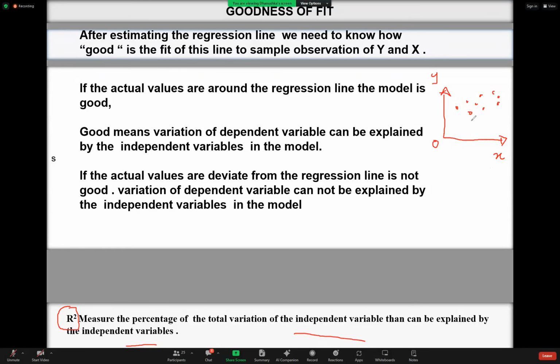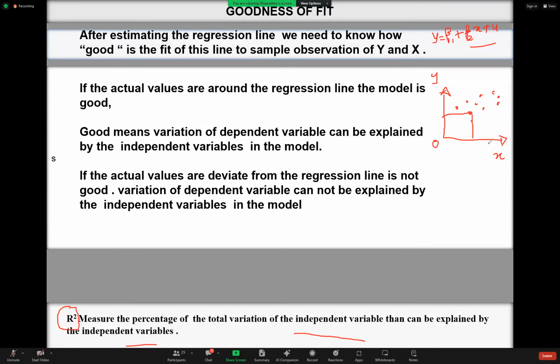That means if the value of X is this much, Y is this. We call this the actual value. Y is equal to beta 1 plus beta 2 X plus error term.